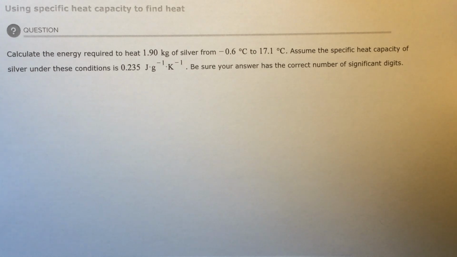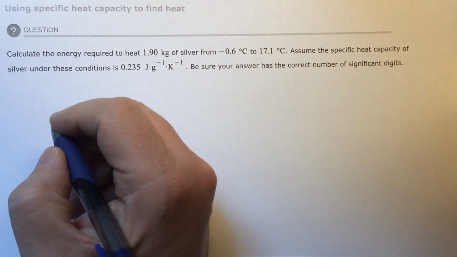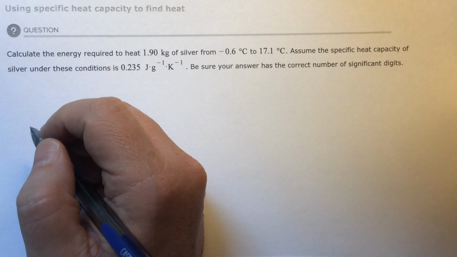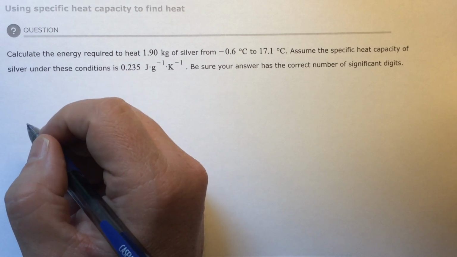We saw in a previous lesson that the heat capacity was the amount of heat it took to raise a substance 1 degree Celsius.